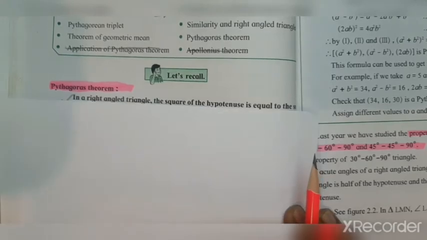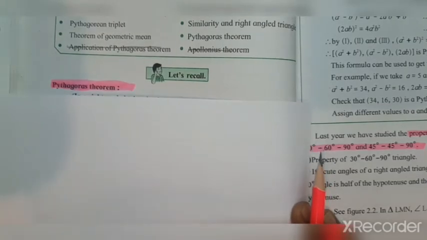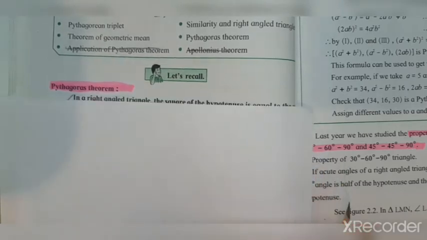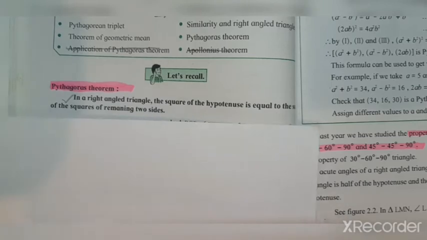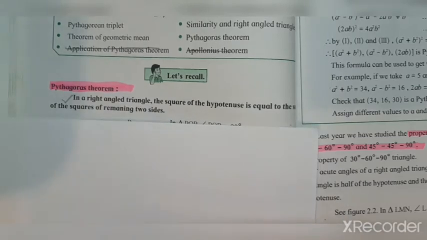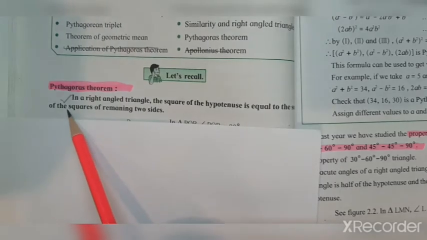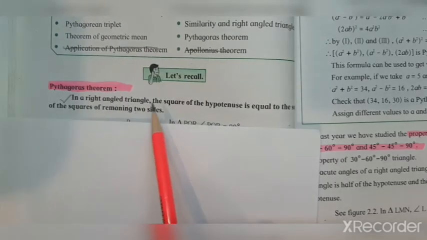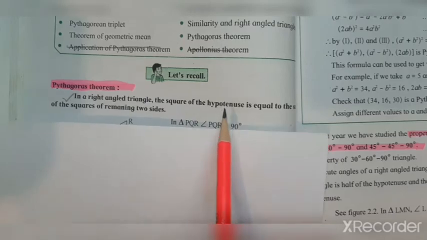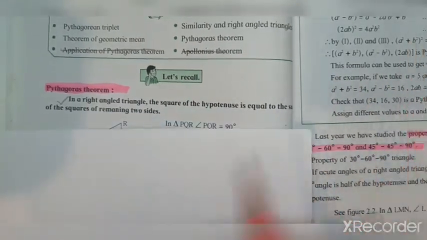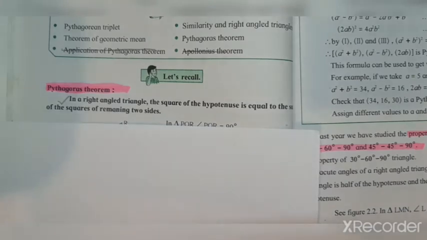Now, first we look at the statement of Pythagoras theorem. So what does the statement of Pythagoras theorem tell us? In general, the Pythagoras theorem is said as: in a right angle triangle, the square of the hypotenuse is equal to the sum of the squares of the remaining two sides.